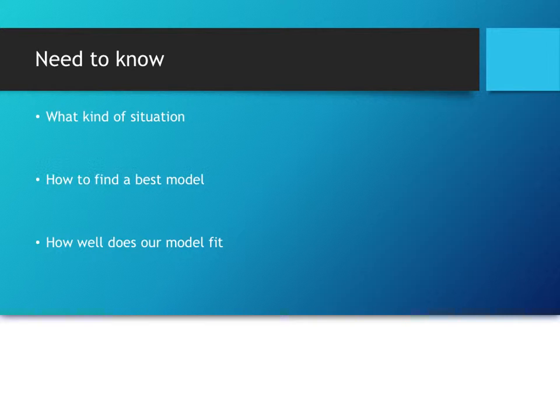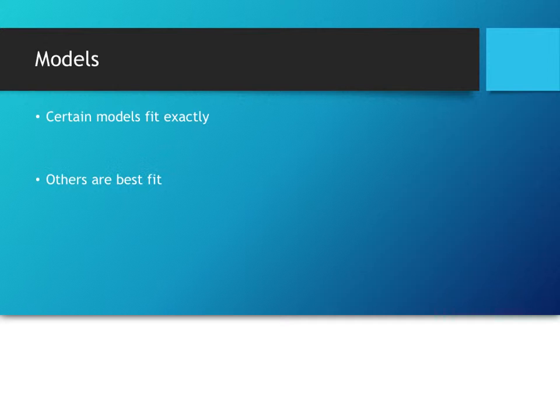Because there's a lot of times in real life that even though our models may be good, they might not fit perfectly. And they might be varying levels of goodness. For instance, certain models are going to fit exactly. And so for every piece of data, we know exactly how the outcome is going to be.